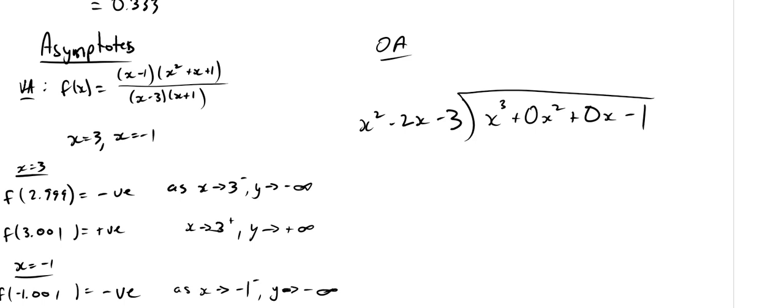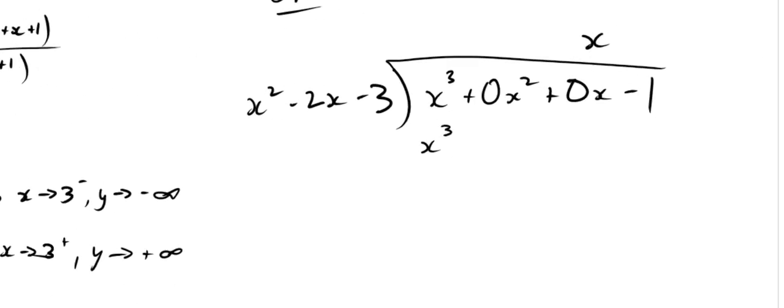That's what I was talking about with ghost terms. You got to watch for those. x squared goes into x cubed x times, because x times x squared gives me x cubed.